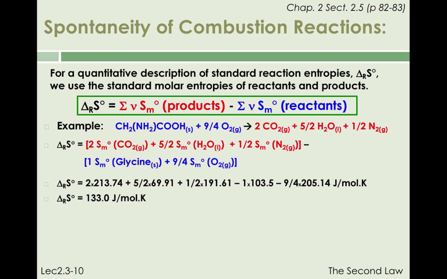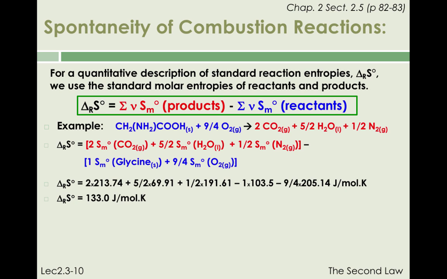Note that as expected from the increase in the number of moles of gas molecules during this reaction, from 9/4 or 2.25 to 2.5, the standard reaction entropy change is positive.